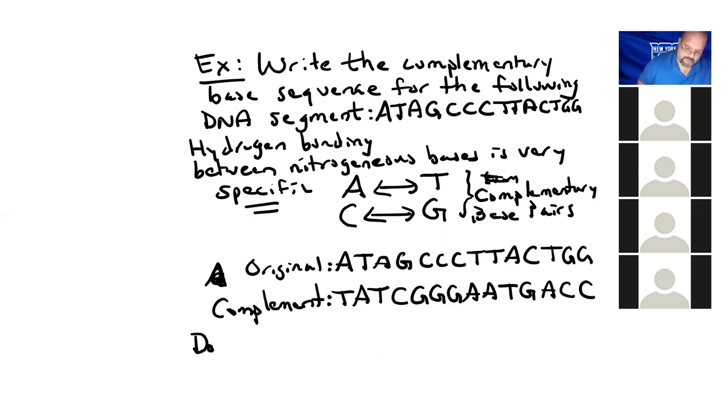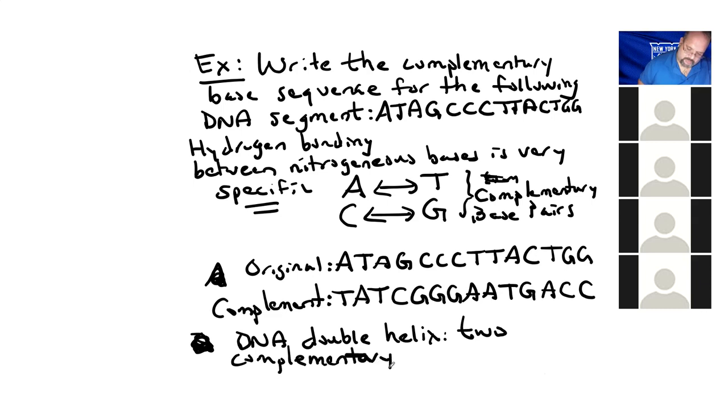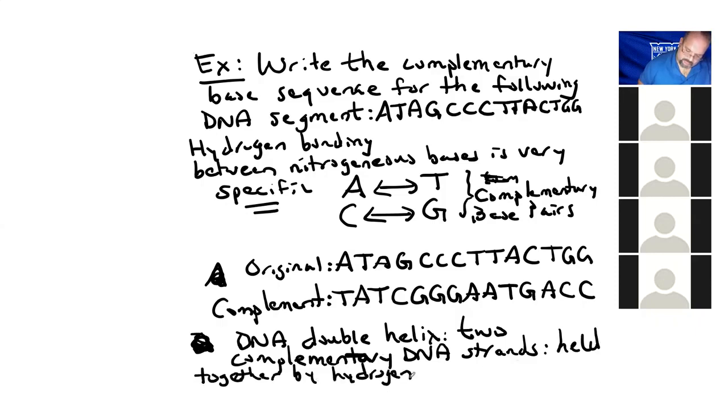In the DNA double helix, you have 2 complementary DNA strands, which are held together by hydrogen bonding between complementary bases.